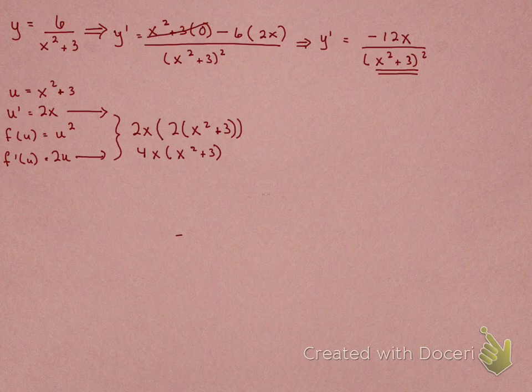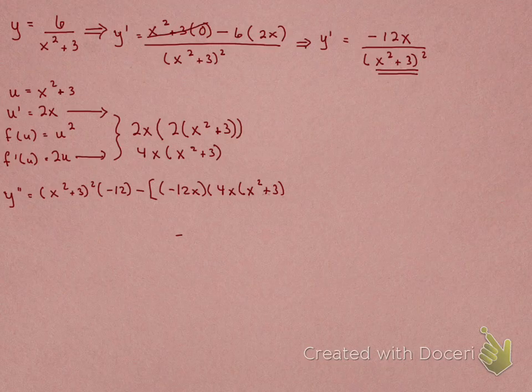Okay, so we're going to take the derivative of the derivative. In other words, the second derivative. It is also a quotient. The denominator times the derivative of the numerator minus the numerator times the derivative of the denominator, all over... Wow, that is a mess, isn't it?